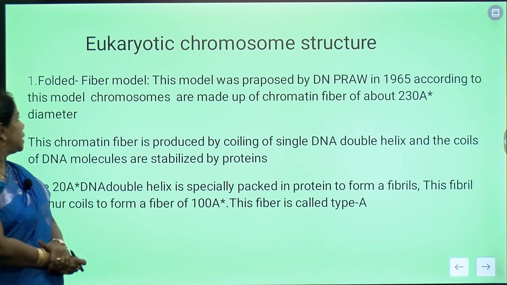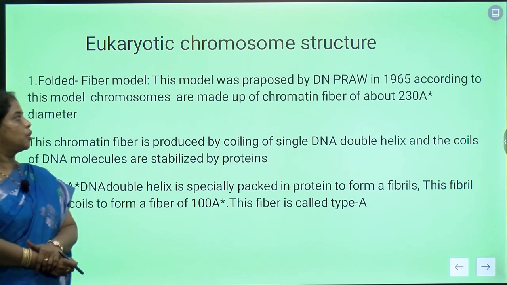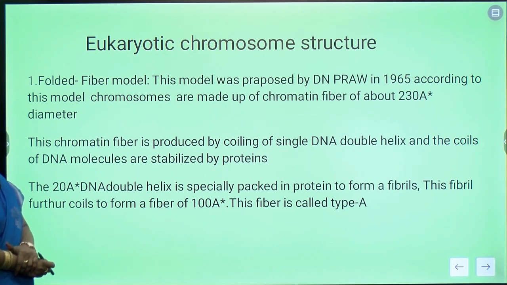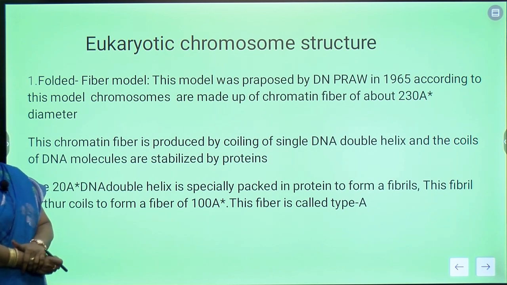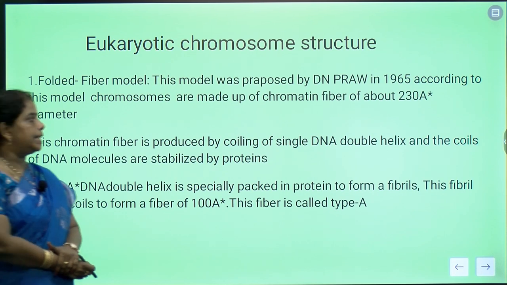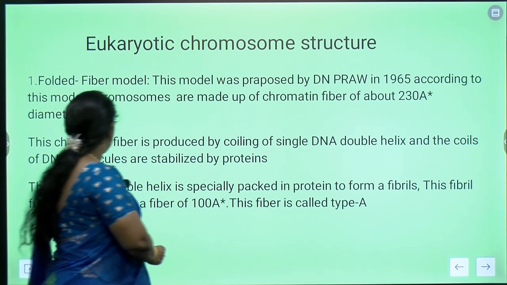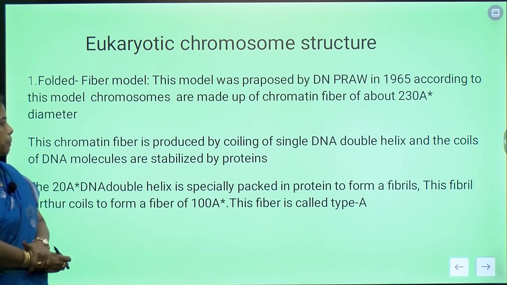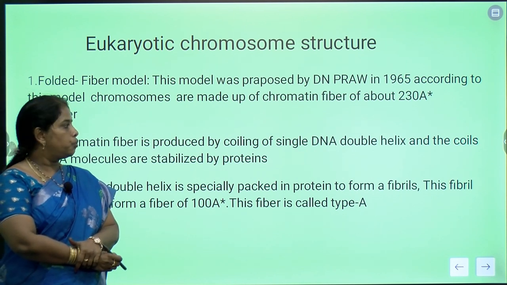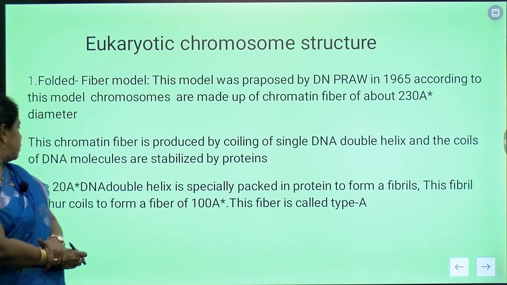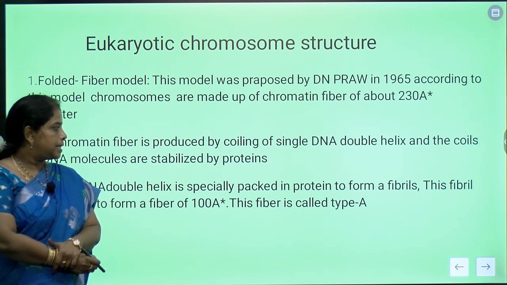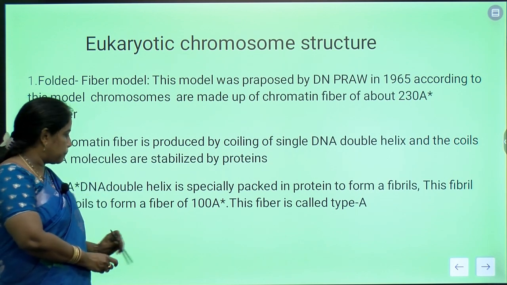According to him, chromosomes are made up of chromatin fiber about 230 angstrom units in diameter. This chromatin fiber is produced by coiling of the single DNA double helix, and the coils of DNA molecules are stabilized by proteins. The 20 angstrom DNA double helix is packed with protein to form fibrils. These fibrils further coil to form a fiber of 100 angstrom units. This fiber is called type A.